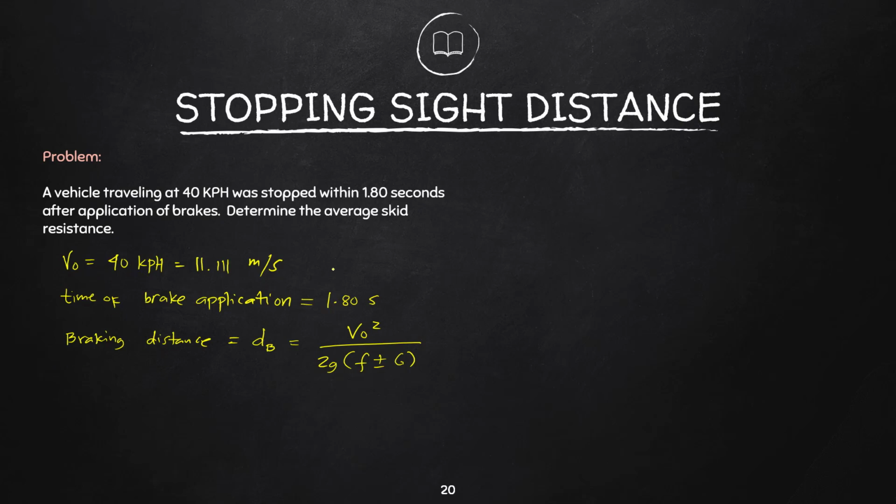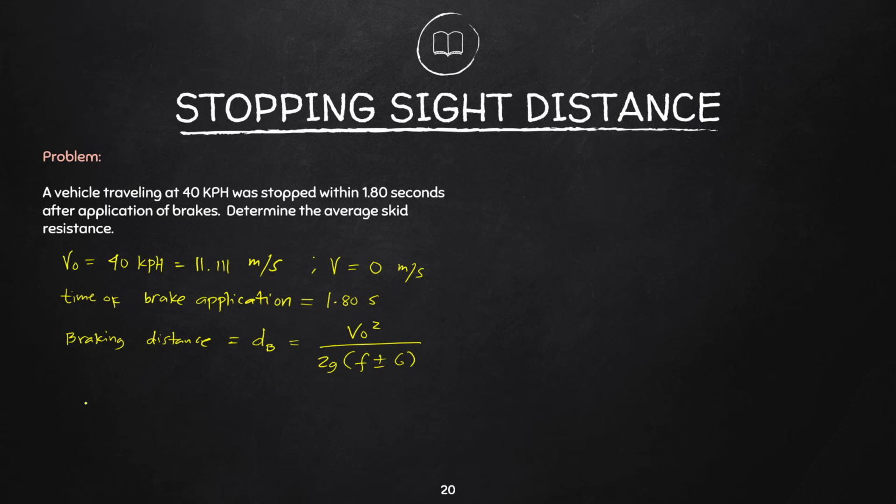And we know that if you're going to stop a vehicle, the final velocity should be equal to 0 meters per second. From these values, we will be able to look for the value of the acceleration.